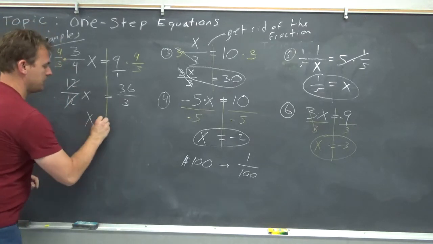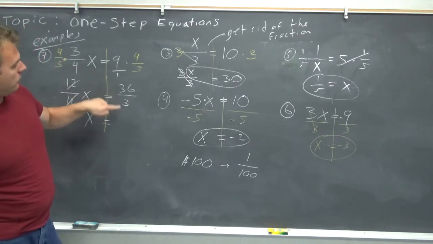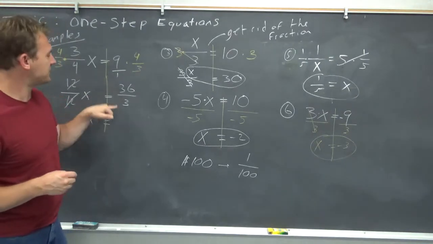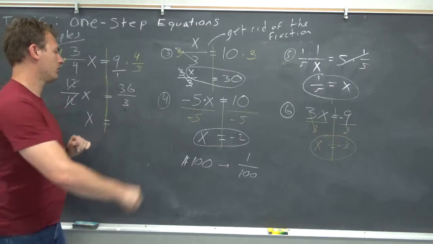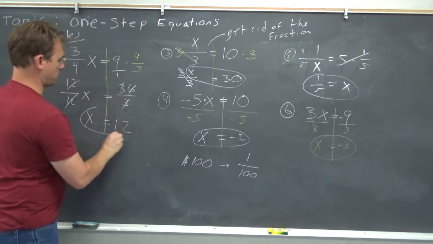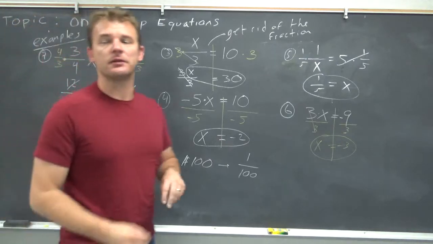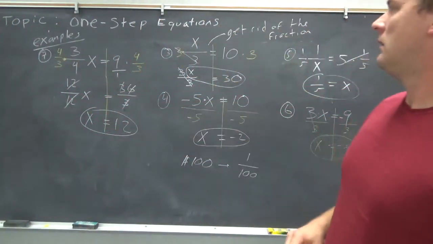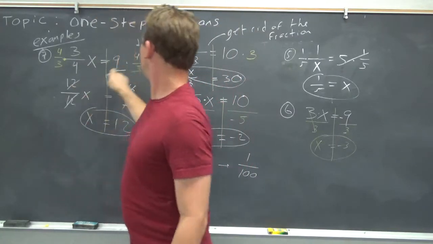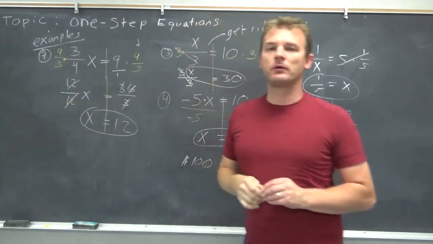So x, and what's 36 divided by 12? 36 divided by 12 is 3. So there you go. You did the reciprocal to both sides. That's that reciprocal part.